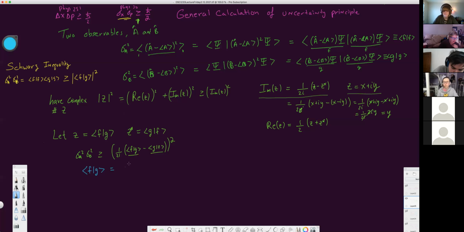So I have f, which is (A hat minus the expectation value of A) acting on psi, inner product with g, which is the B one, so it's (B hat minus its expectation value) acting on psi.